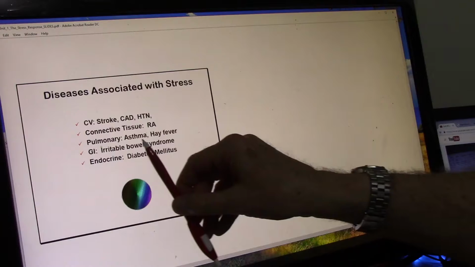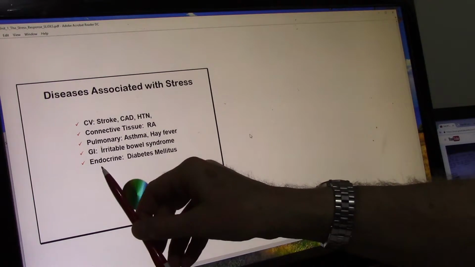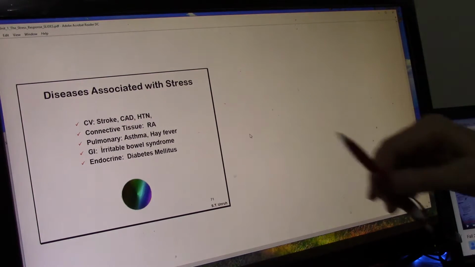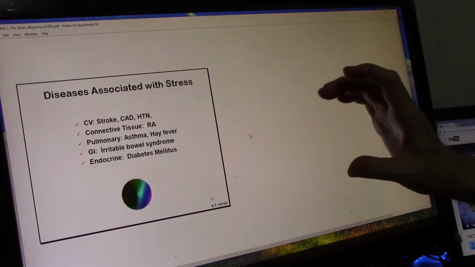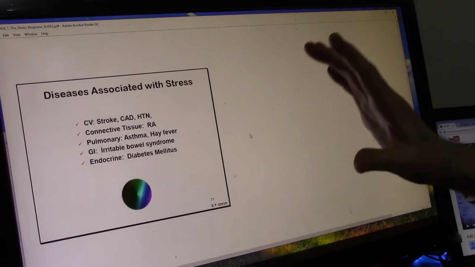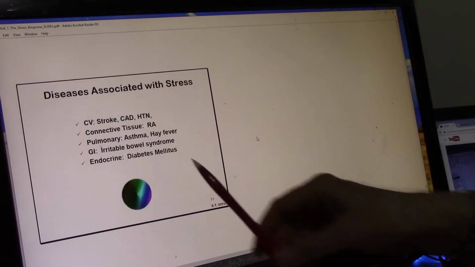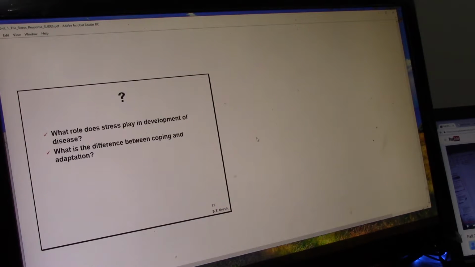At the pulmonary level, asthma, hay fever, irritable bowel syndrome. At the endocrine level, it can actually become diabetic because of that constant hyperglycemia. Remember that elevated blood glucose is the hallmark of the stress response. Well, what is elevated blood glucose? It's a diabetic condition, a hyperglycemic or diabetic condition.